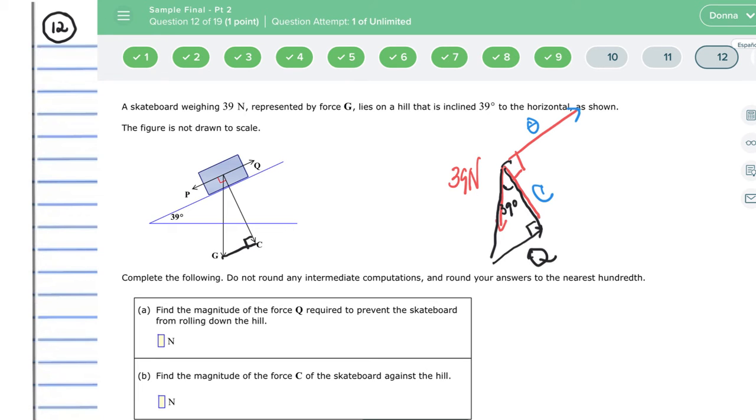Well, that's going to be sine. So we have that the sine of 39 degrees is going to equal Q over 39. It's interesting that both have the same value. So if I multiply both sides by 39, then I'll have 39 sine 39 is Q.